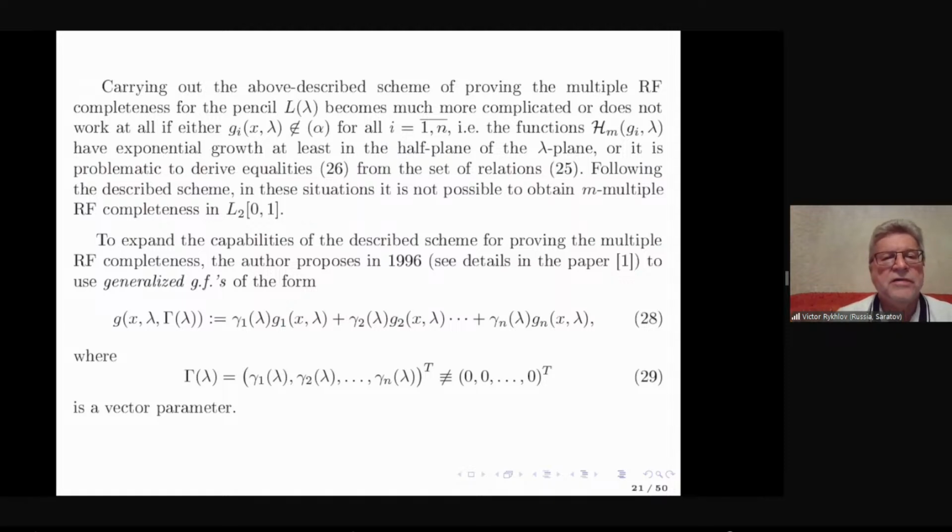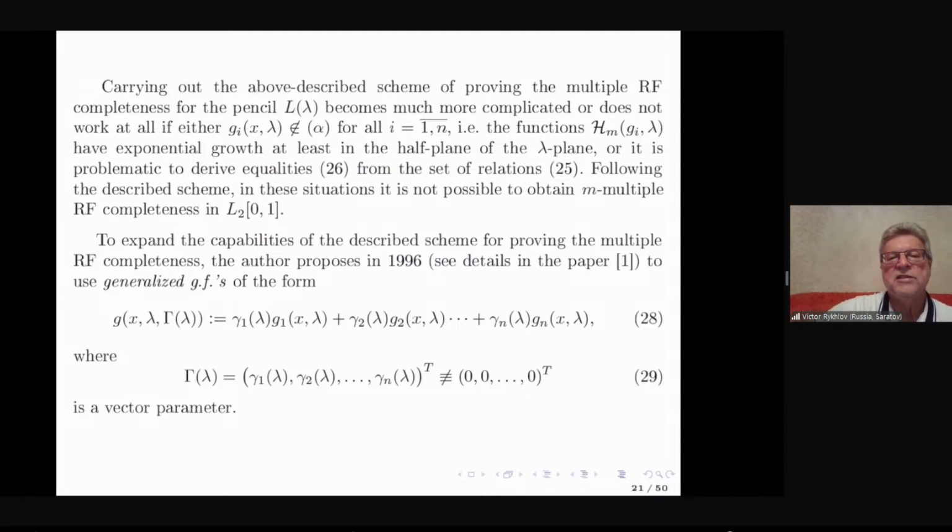Carrying out the above described scheme of proving the multiple root function completeness for the pencil L of lambda becomes much more complicated or does not work at all if either g_i of x, lambda does not belong to L, or does not satisfy condition alpha for all i from 1 to n.